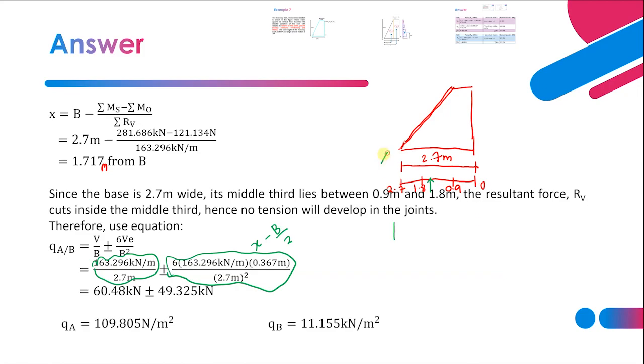So where is A? So this is A, this is B. A is 109.8. So B is 11.155 kilonewton per meter square, the value here, and here is 109.805.